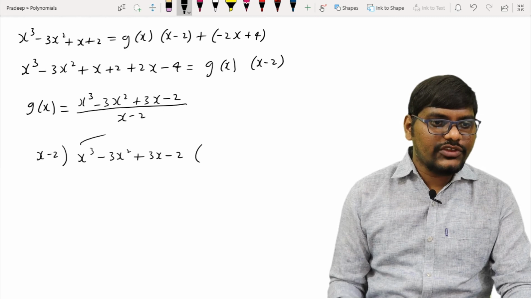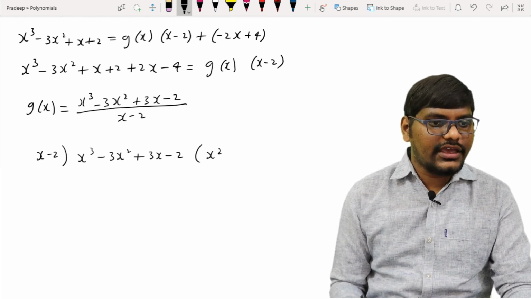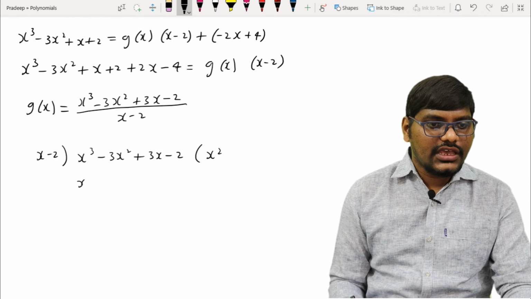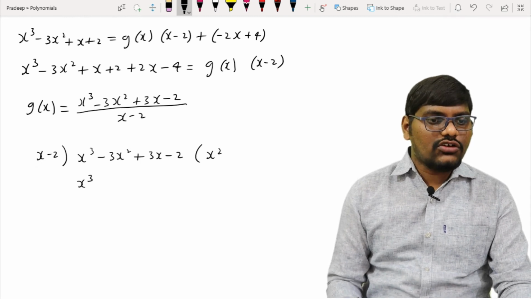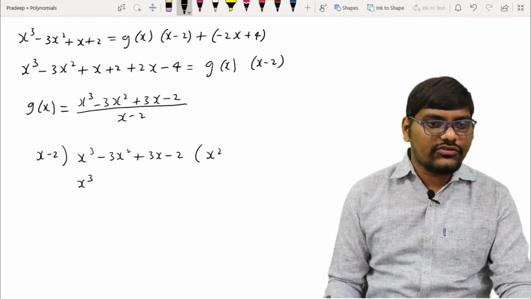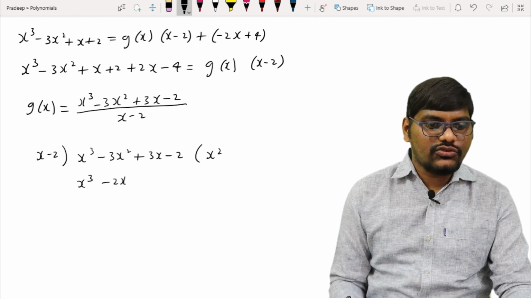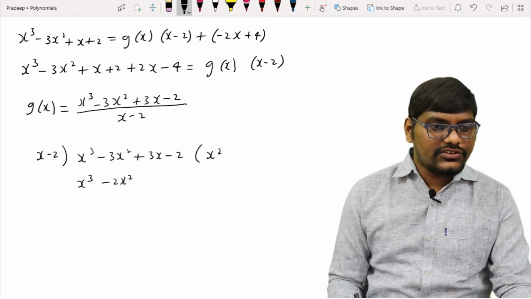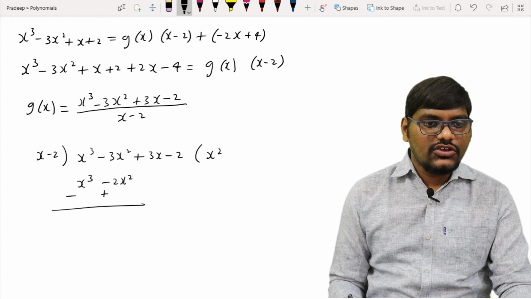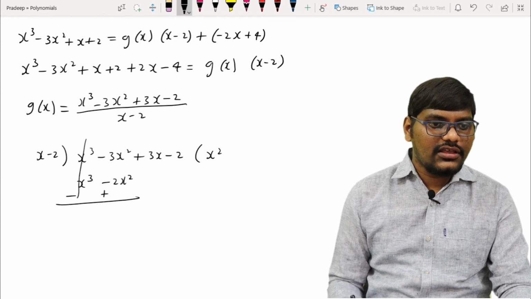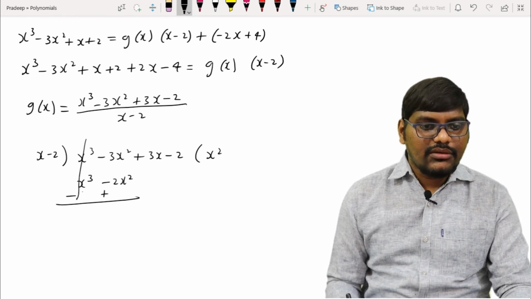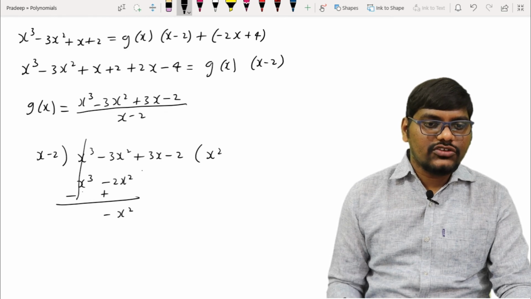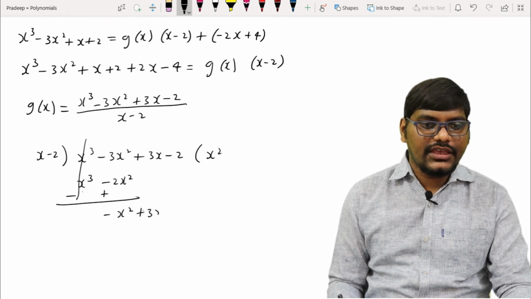So here x cube is there, so we can take x square, x into x square is x cube, so now this also we will take 2 into x square is minus 2x square. Okay, so we'll change the sign, minus plus, so these both get cancelled, remaining term is minus x square, so this also we will write plus 3x minus 2.